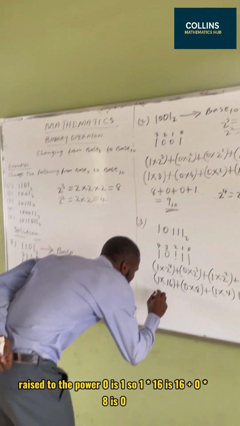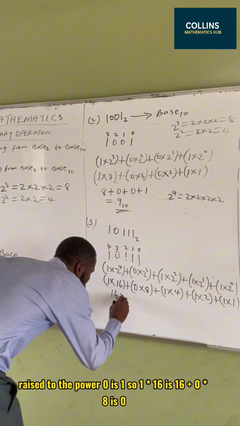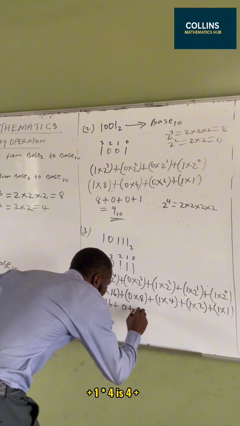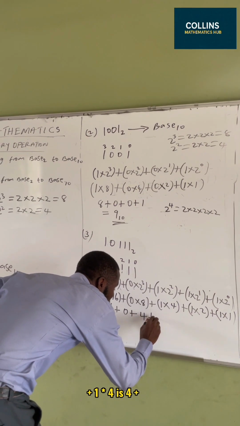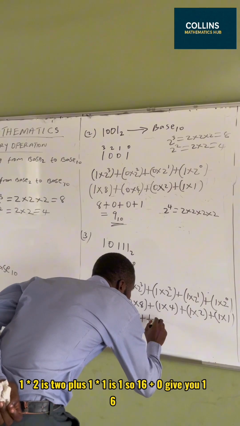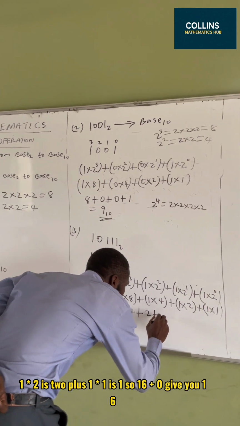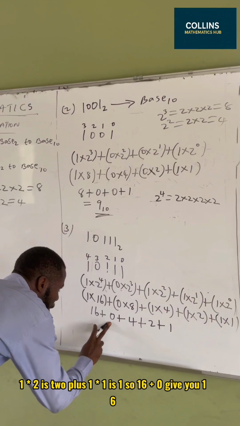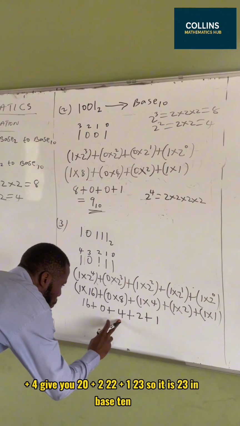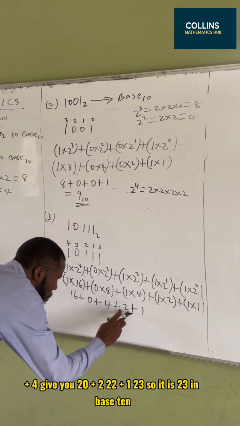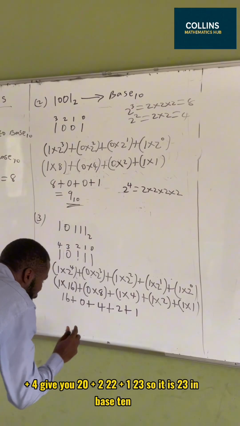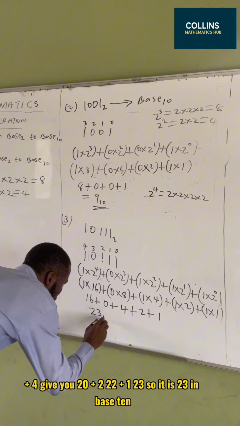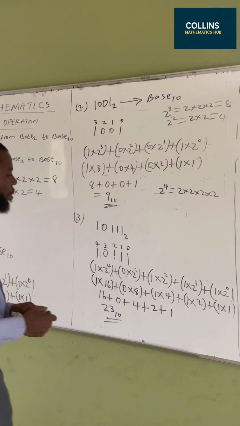So 1 times 16 is 16, plus 0 times 8 is 0, plus 1 times 4 is 4, plus 1 times 2 is 2, plus 1 times 1 is 1. So 16 plus 0 will give you 16, plus 4 will give you 20, plus 2 is 22, plus 1 is 23. So it is 23 in base 10.